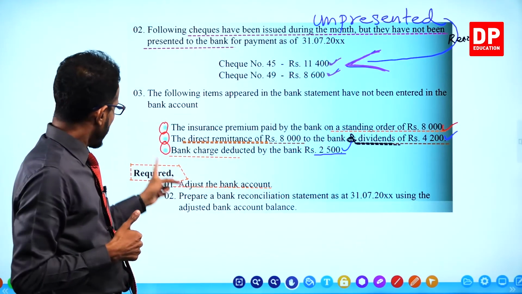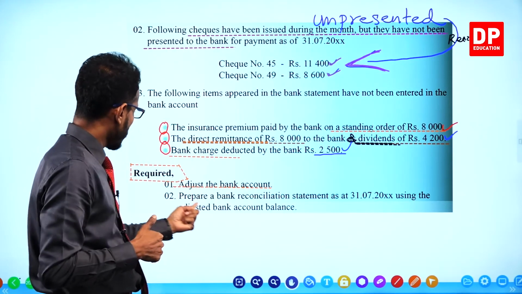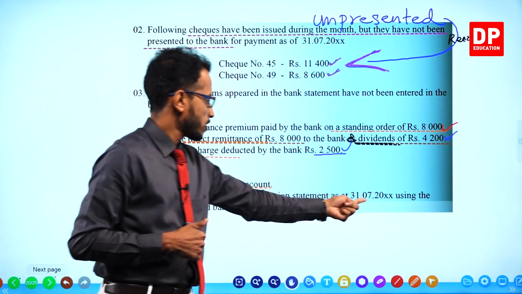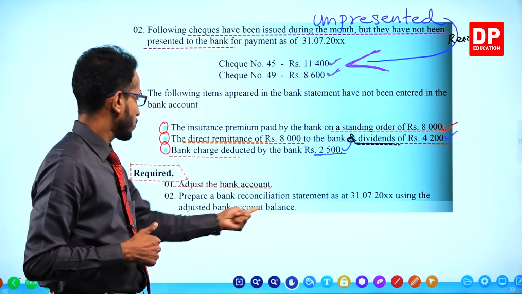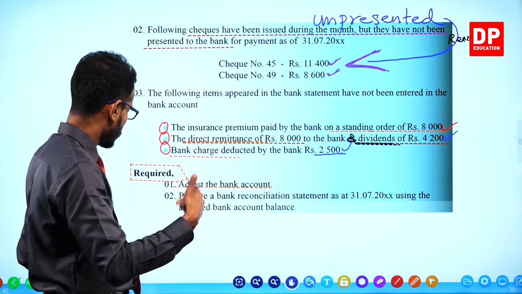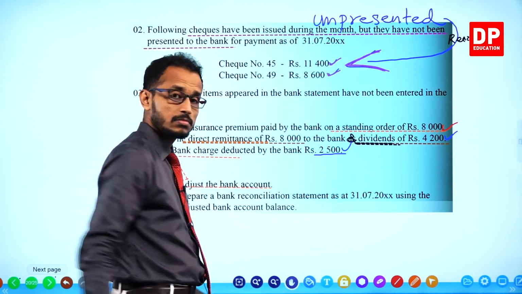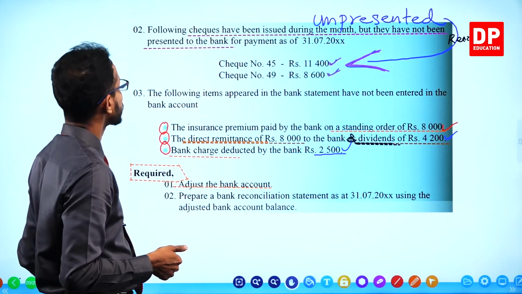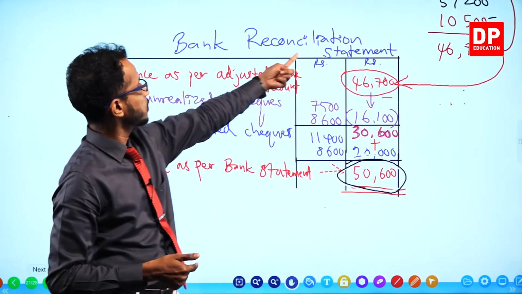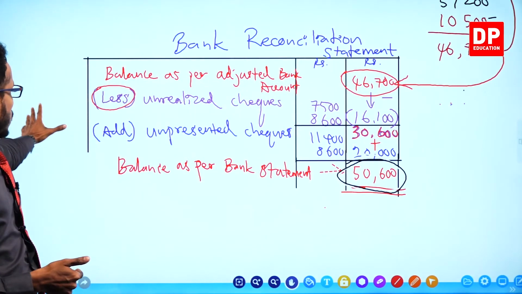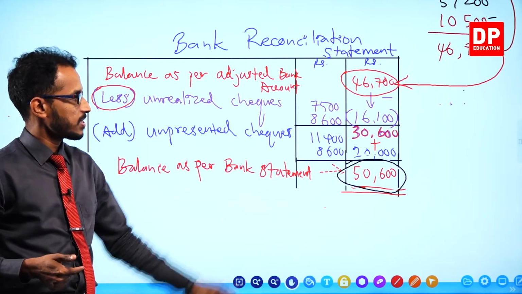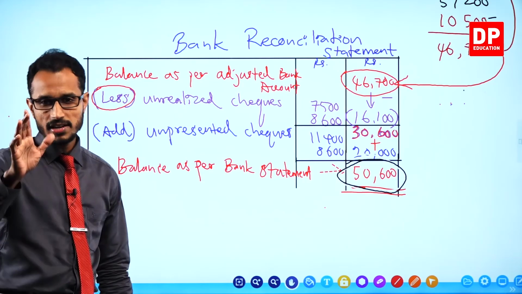We prepared the adjusted bank account and the bank reconciliation statement as at 31st July using the adjusted bank account balance. Bank reconciliation statement prepared. This is it. And finally, the balance as per bank statement is taken as the final answer.